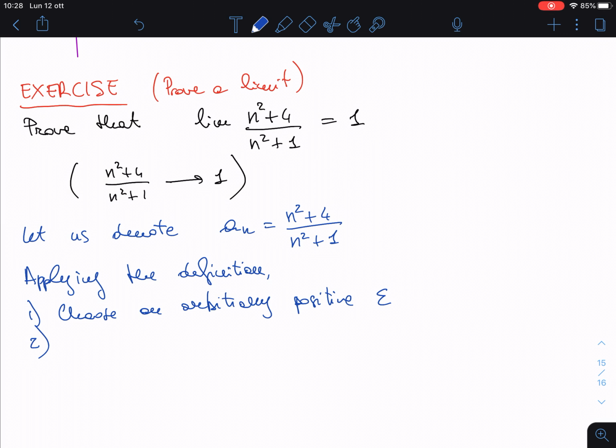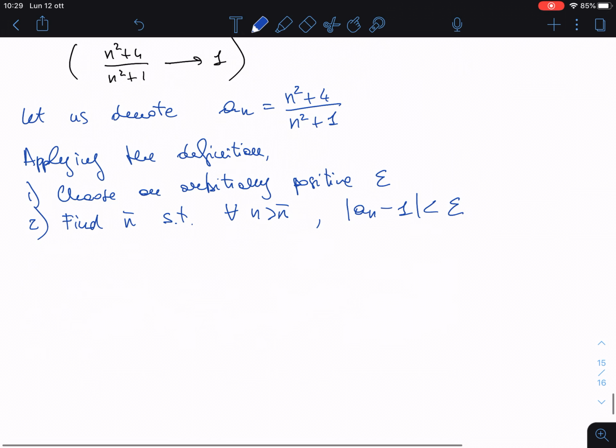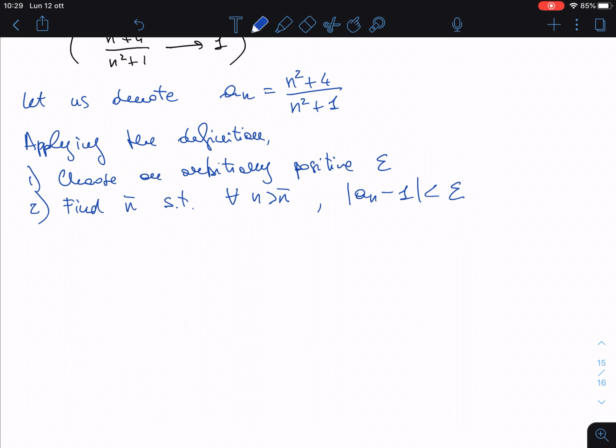Second, find n bar such that for every n larger than n bar, the distance between the sequence an and the candidate limit 1 is less than epsilon. We have to fulfill these two steps. Okay? So it is not completely trivial, even though it is just the application of a definition. The first time you see it, it is not trivial at all.